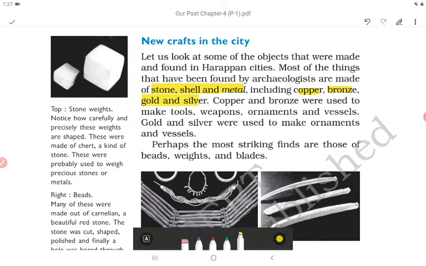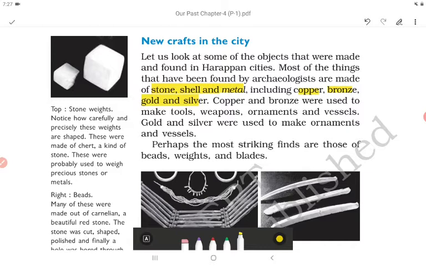Copper and bronze were used to make tools, weapons, ornaments, and vessels. Gold and silver were used to make ornaments and vessels.